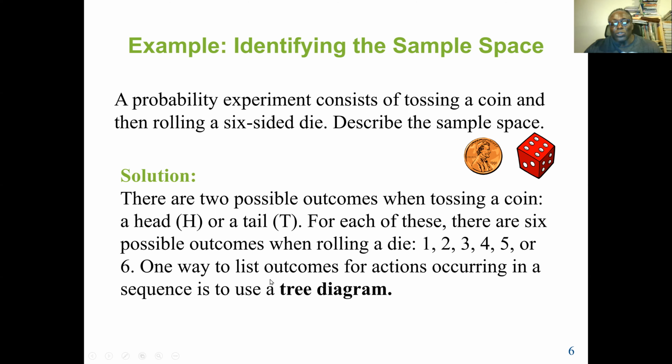Another way is using multiplication. If the possible sides for the coin are 2 and for the die 6, then 2 times 6 is 12. That would be the number of possible outcomes.